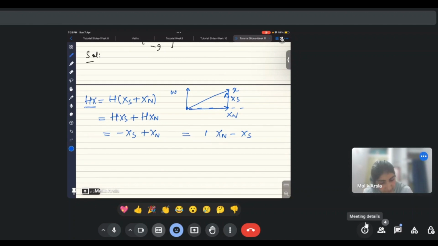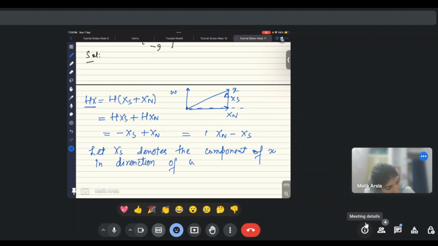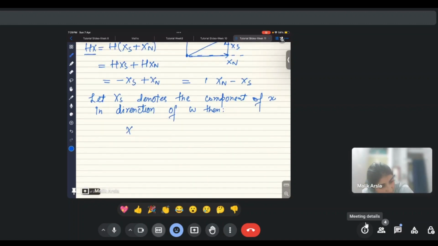So here I'll write it. Let xs denote the component of x in the direction of W. Then xs will be x transpose W into W, right? The direction into the magnitude. From the dot product we'll get the magnitude.